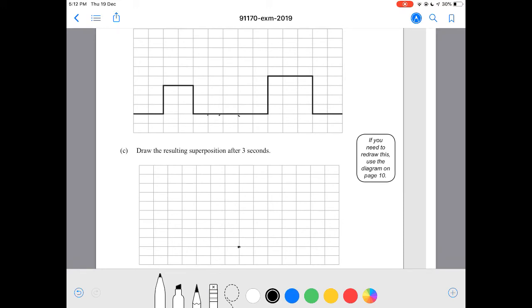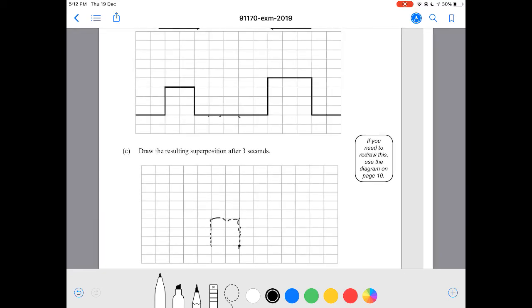Just draw dotted lines for now. The pulse on the left, okay, so 1, 2, 3, this corner will be here. So hence this pulse will be here.